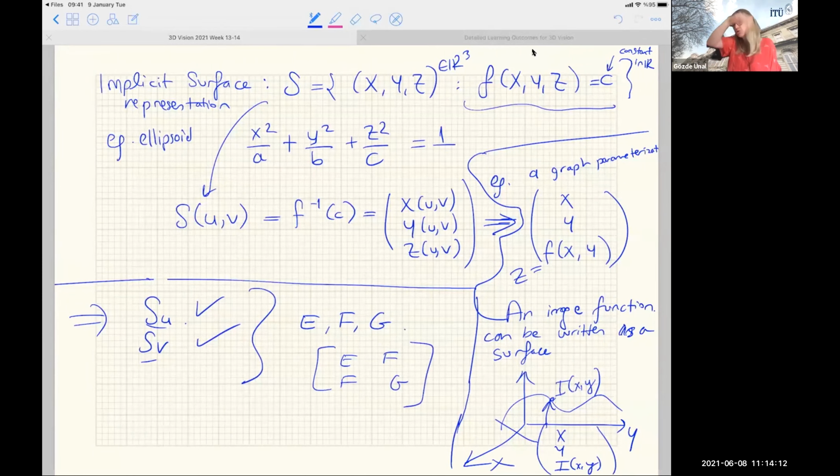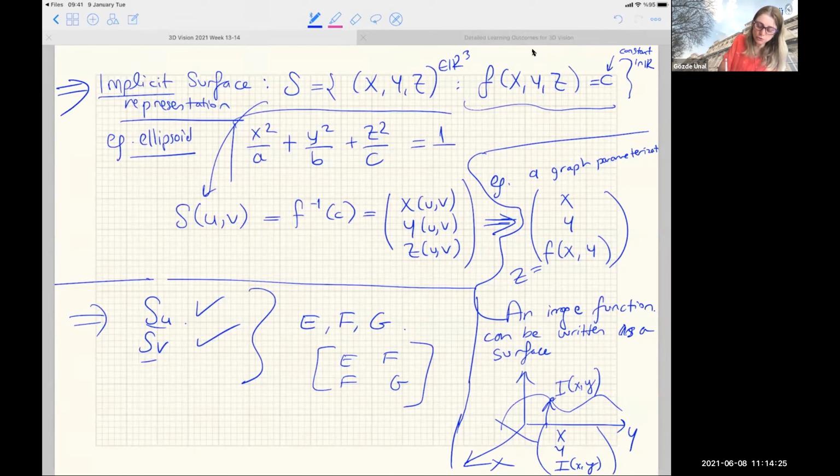The reason I went through all this digression was that you may be used to this implicit representation of an ellipsoid given here. From there you can also tie to this explicit parameterization. So this is implicit parameterization versus explicit parameterization.